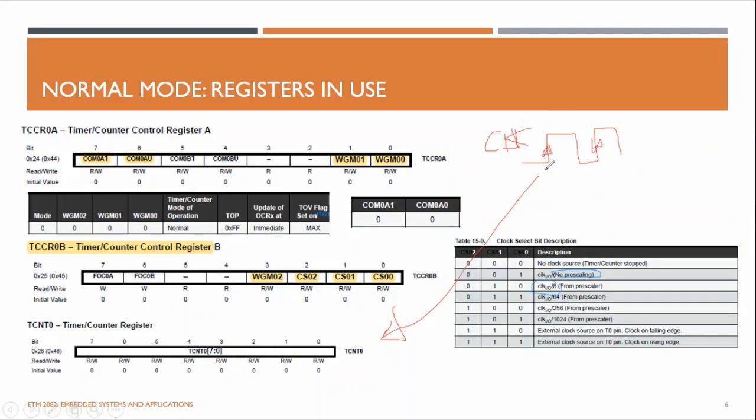For every rising edge, this 8-bit register will be updated. So each and every pulse, this will be updated. You can read this one. If you read it and you know this value, and you know the available clock frequency, you know how many pulses there are, then you can calculate the elapsed time.